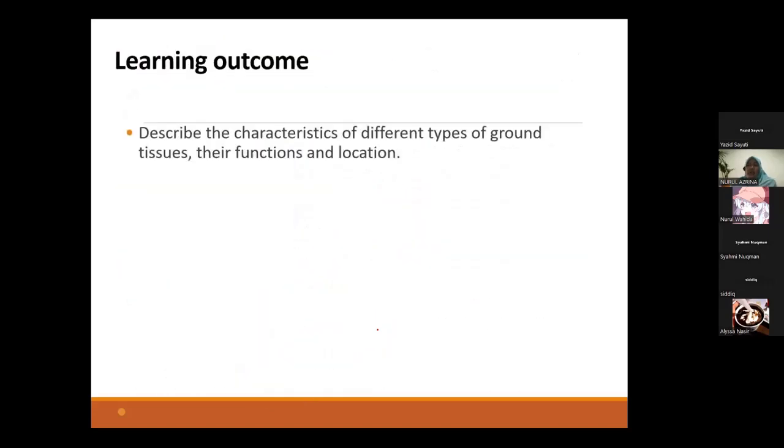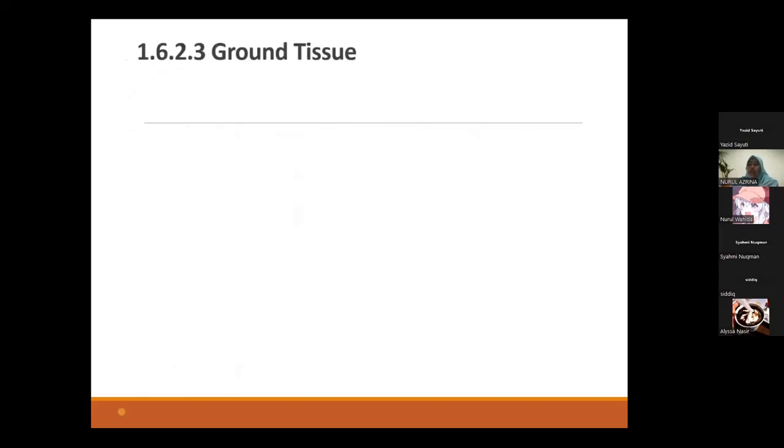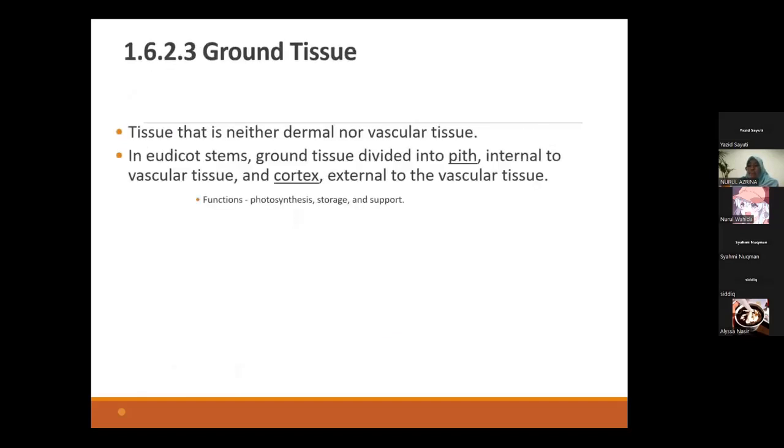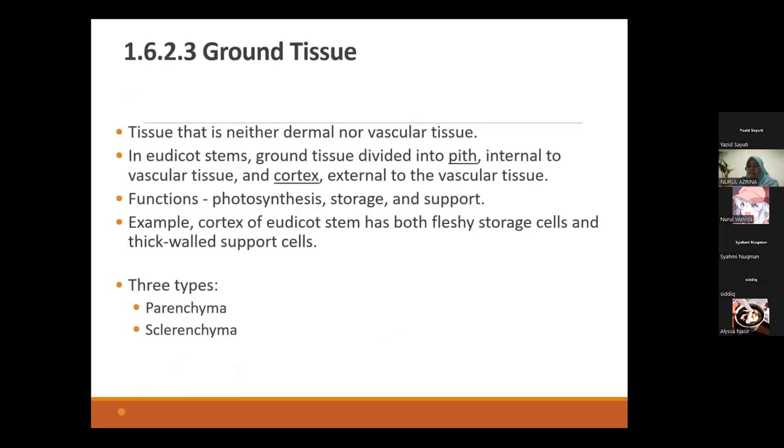Okay, now we go to ground tissue. What is ground tissue? Here. Okay, so ground tissue is neither dermal nor vascular. So dia bukan yang dermal, dia bukan yang vascular. So yang lain tu kita panggil sebagai ground tissue. In eudicote stem, I'm talking about eudicote right now because monocote and eudicote ground tissue will be different.